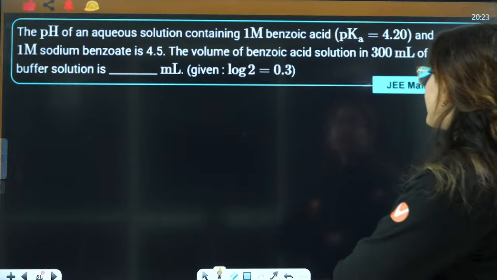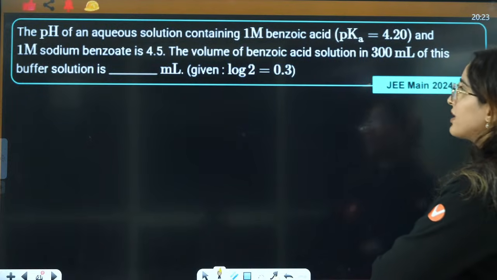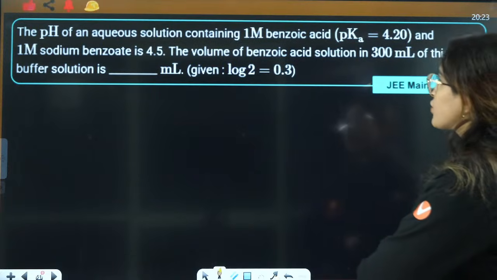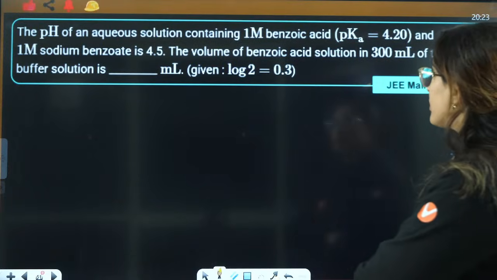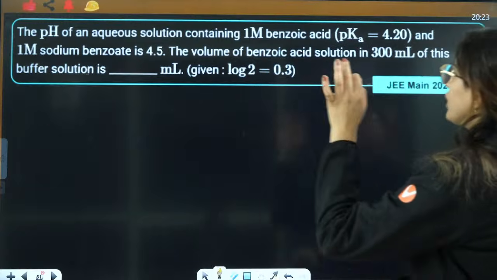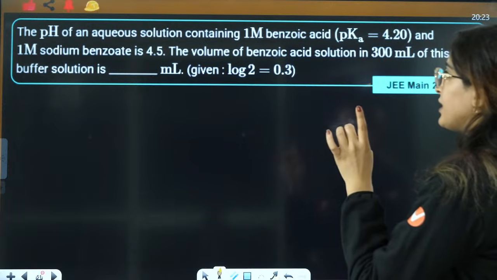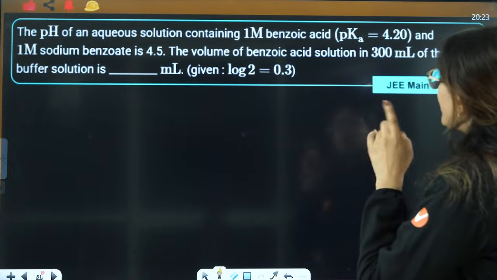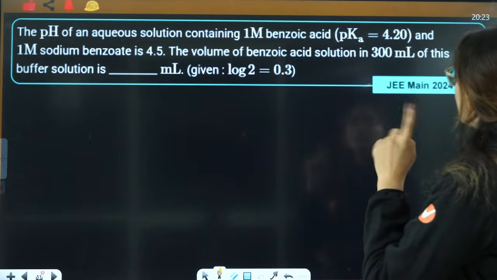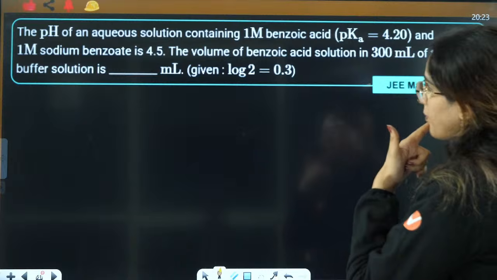Benzoic acid is a weak acid. Sodium benzoate is a salt of a weak acid and strong base. So they are talking about an acidic buffer, because buffer is mentioned here. The volume of benzoic acid in 300 milliliter of this buffer solution is how much?